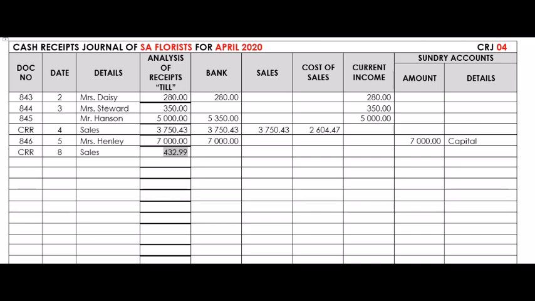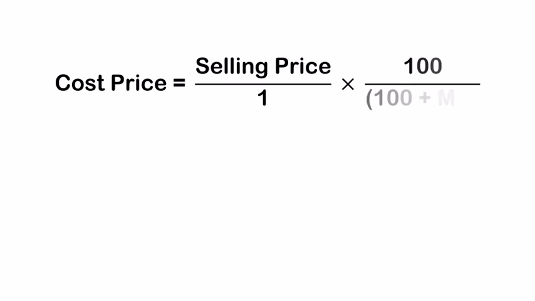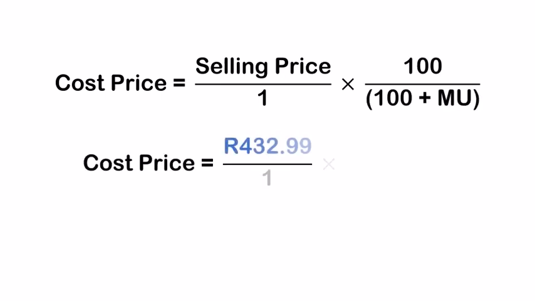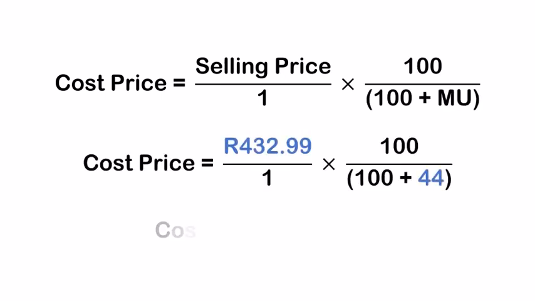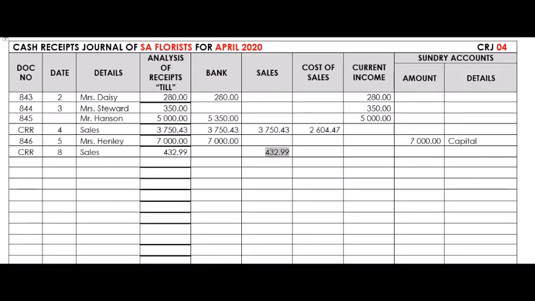So it won't represent the total amount of money going to the bank. So we skip the bank column, but we have to specify what we received the money for, which was a sale. And then we have to calculate the cost of sales. And write the answer in the cost of sales column.